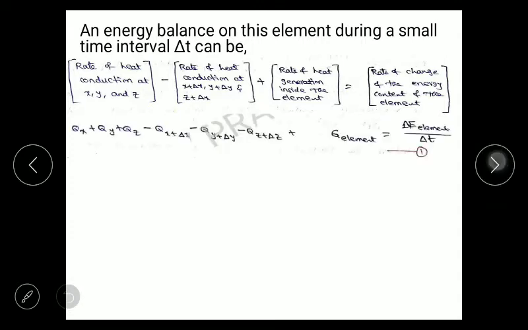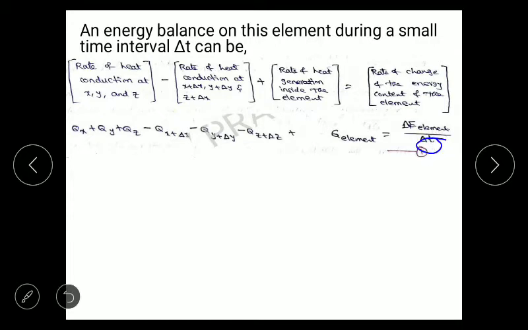Now substitute them. The heat that is given as input in x, y, z directions, qx, qy, qz, their summation, minus the rate of heat that is conducted out of the element at x plus delta x, y plus delta y, z plus delta z, as qx plus delta x, qy plus delta y, qz plus delta z, plus the total internal heat generation capital G, is equal to the rate of change of energy, so this will be divided by delta t.